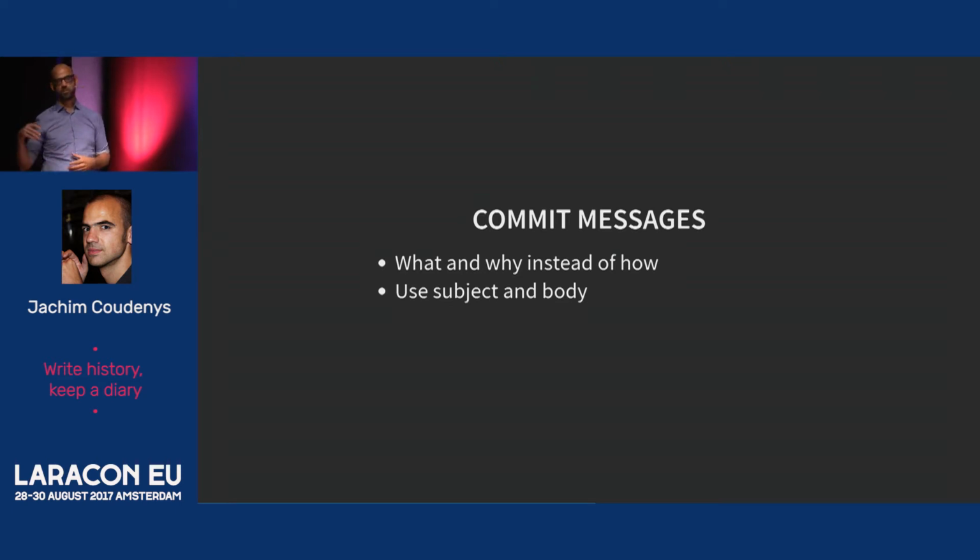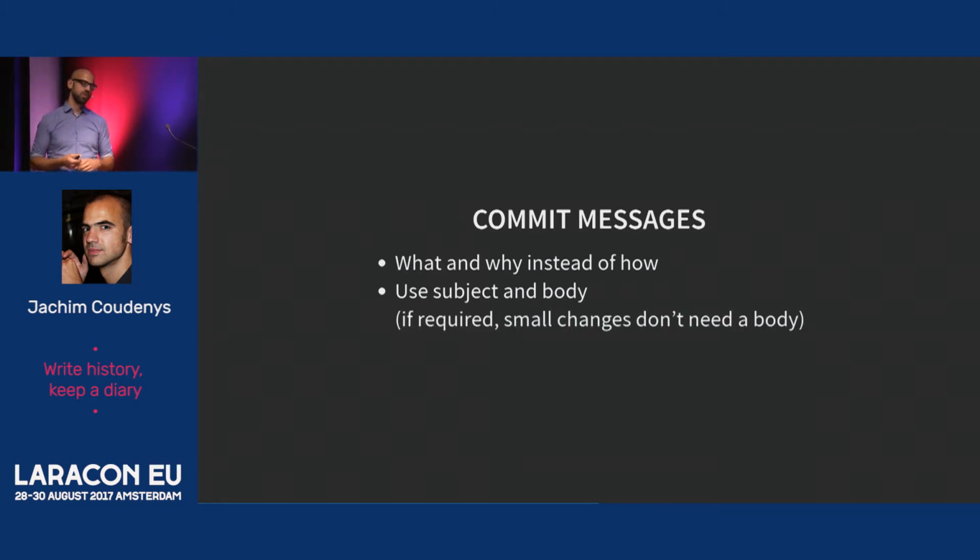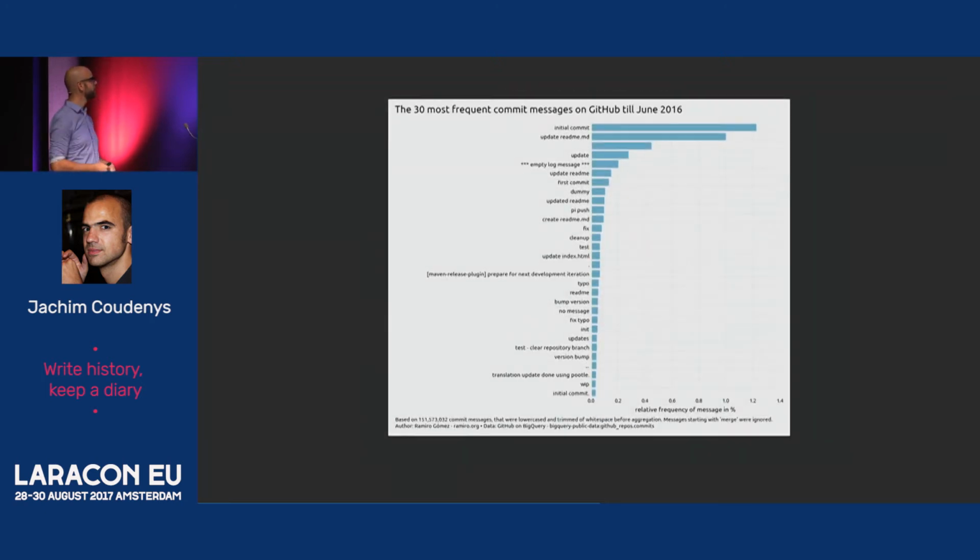But you can dump a lot of extra paragraphs in the body of a commit message. Only do that if it's needed. If it's a small change, like fixing the typo of a word, you don't have to include a link to the dictionary somewhere. But please use decent commit messages.